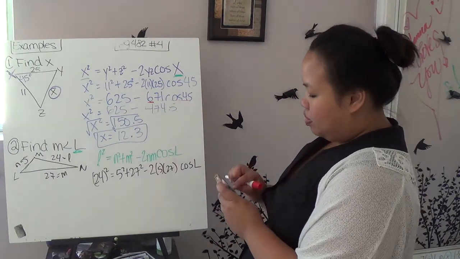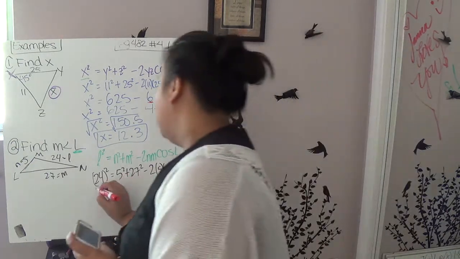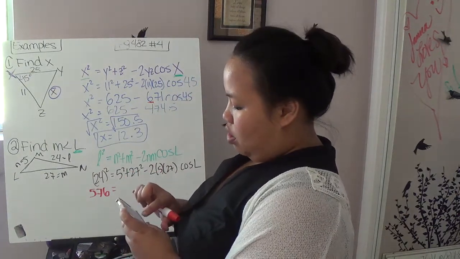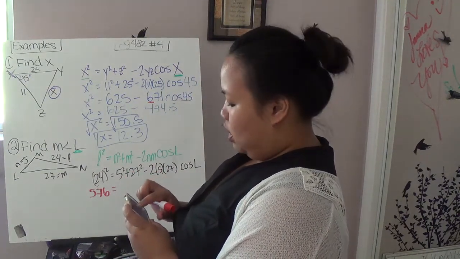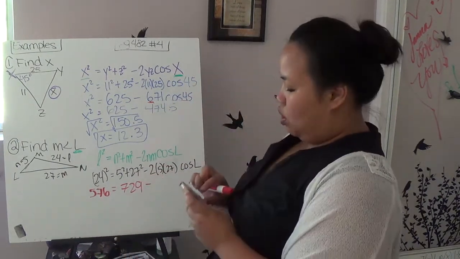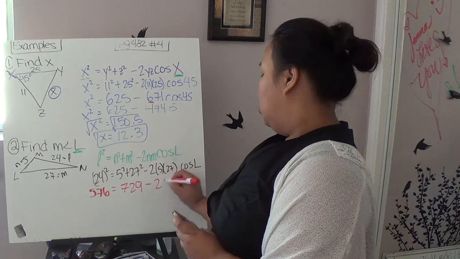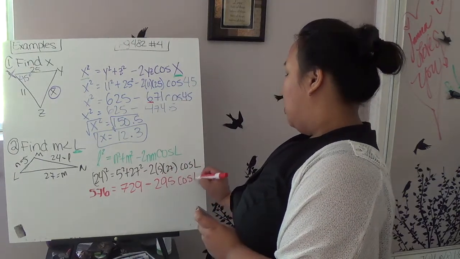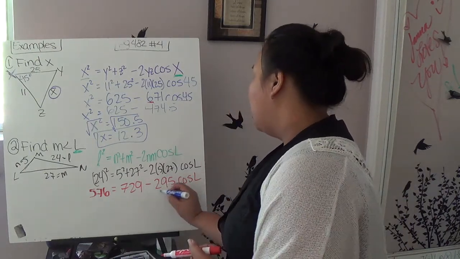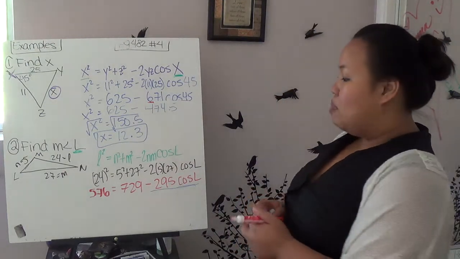I have 24 squared, which is 576, equals 5 squared plus 27 squared, which is 729, minus 2 times 5 times 27 equals 295 cos of L. So this is the one that I have to warn you about, because please remember that negative 295 is attached to cos of L. So I can't just add 295 to both sides, which a lot of people make that mistake.